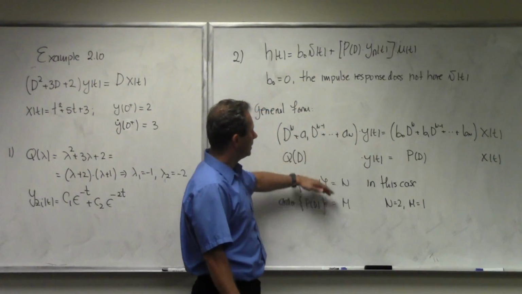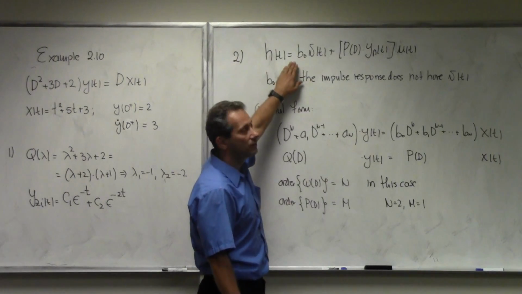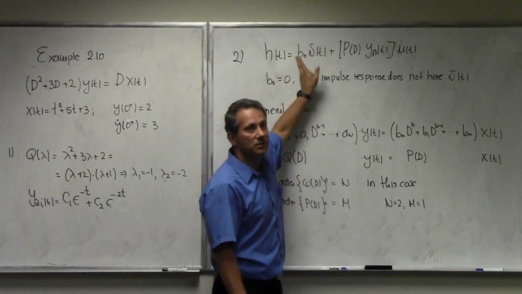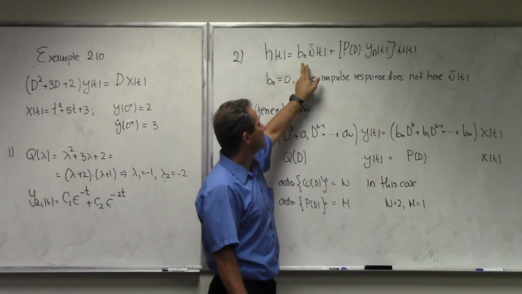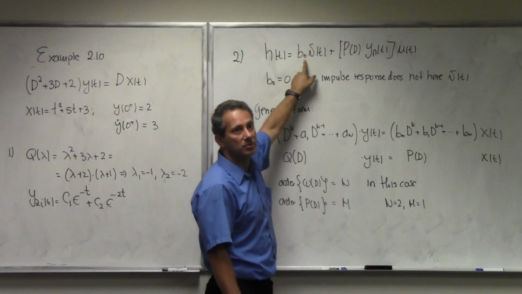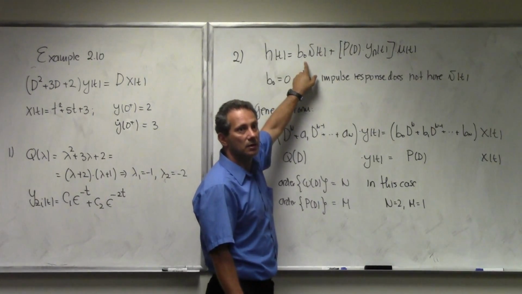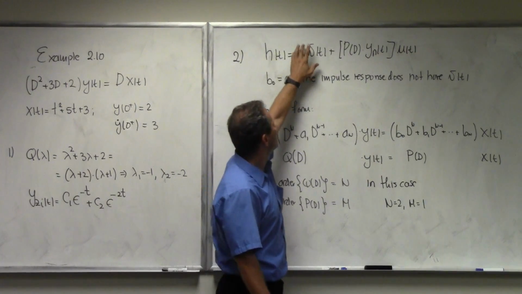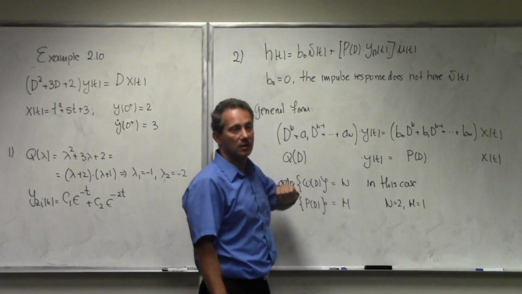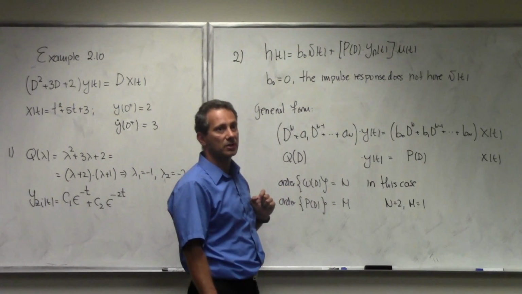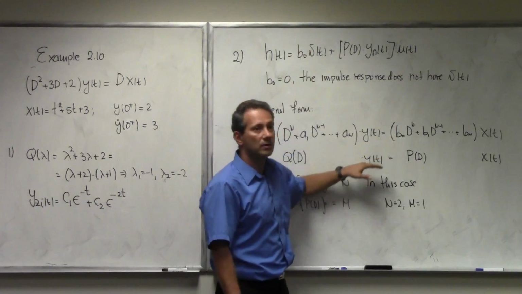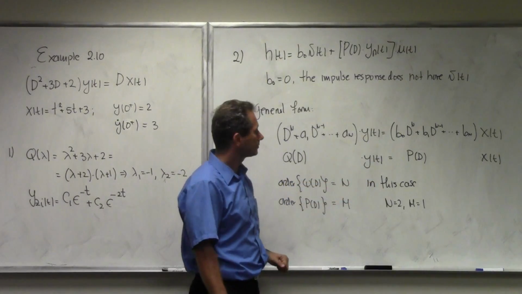In the derivation of this formula, we explained why we have this impulse here, and that b0 has to be what is here. Since b0 is equal to 0, we know that our impulse response does not have impulse terms, just by observing what those polynomials are.